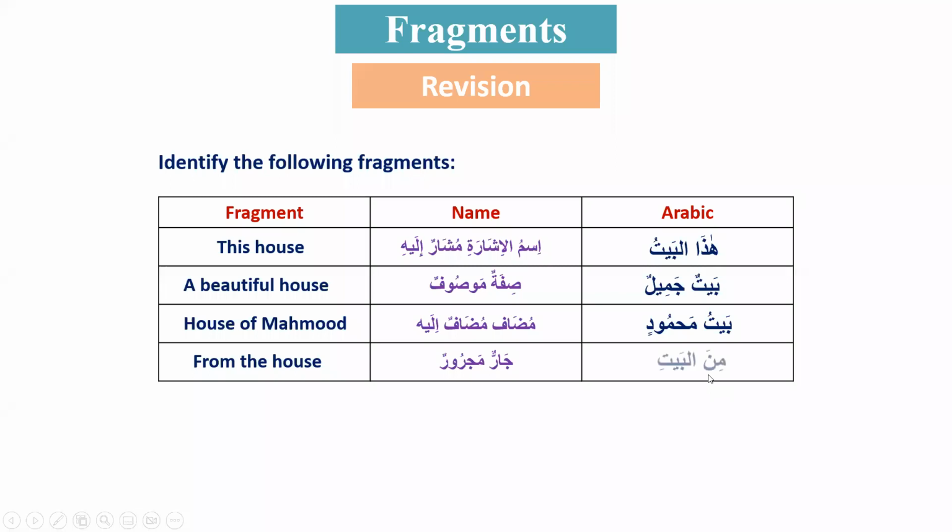Yeah, now you're right. Minal Baiti. Because min is jar. This is one of those 11 words. And al Baiti is majroor in jar majroor status. So it cannot be Baitu. Do you agree, Umar? Yes. Yeah, it has to be Baiti. Good job, Umar. Thank you.